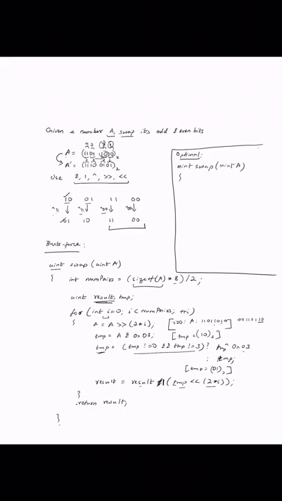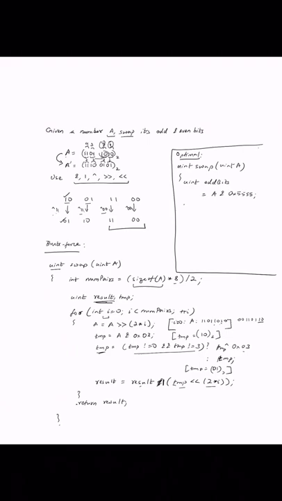The way you do that is the following. Define odd bits and assign 0x5555. If you use this mask 5555, it will give you all the odd bits.